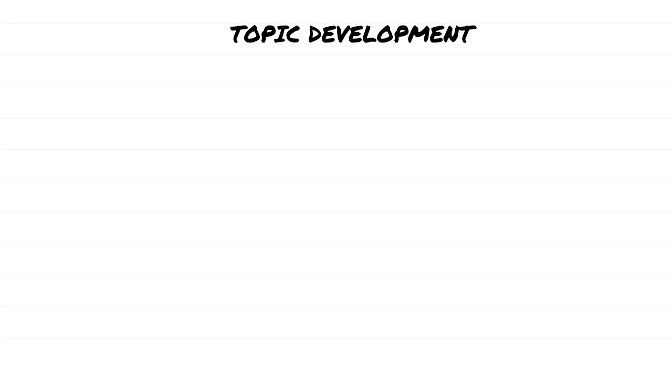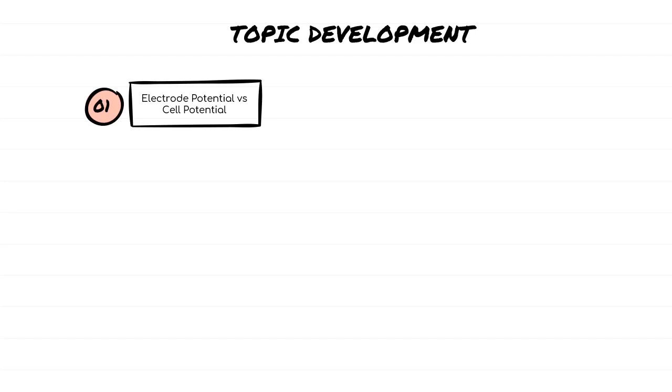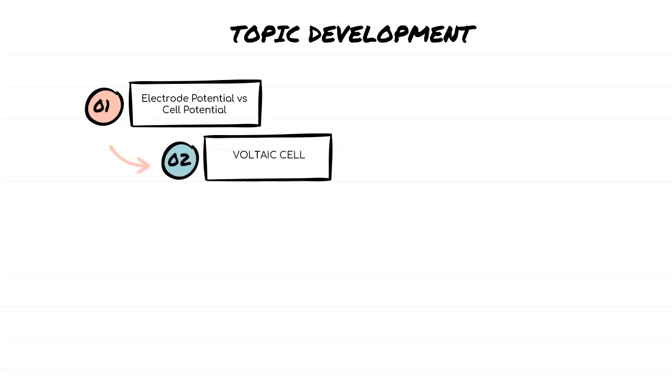Before we jump to the core of this topic, there are a few things that need to be sorted in order to understand this cell better. First, you need to know how to differentiate between electrode potential and cell potential. Cell potentials can be determined by using a voltaic cell. We'll be discussing its components, operations, and calculations of cell potential.